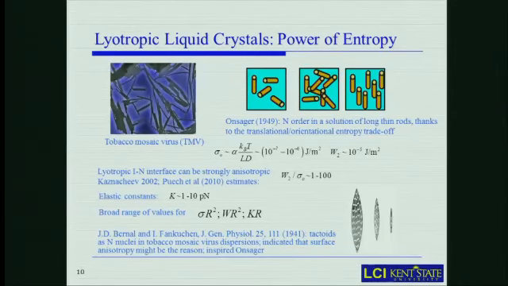And tactoids signal that there is a much more interesting relationship between the surface tension, surface anchoring, and elastic energy. By the way, typically the elastic constants in lyotropics are of the same order of magnitude as in the thermotropic liquid crystals, between 1 and 10 piconewtons, but of course there are exceptions.